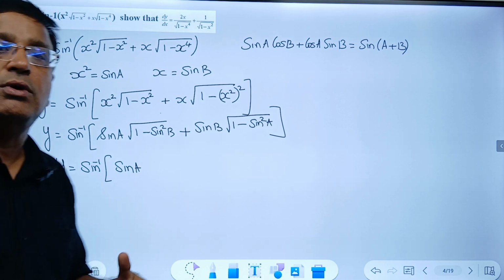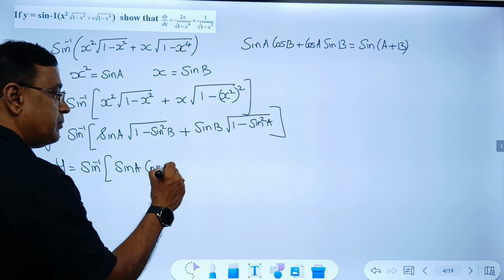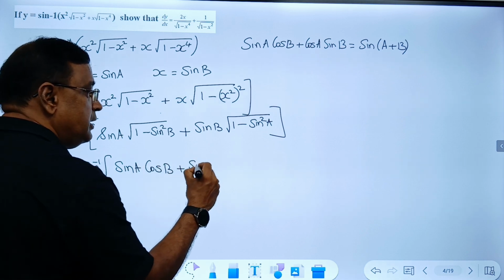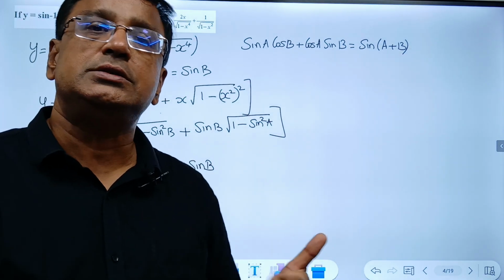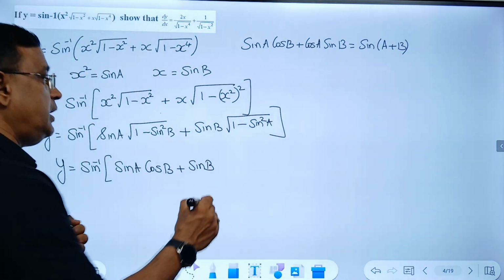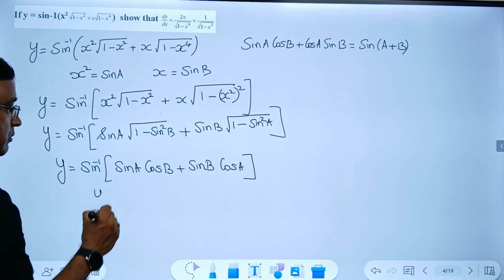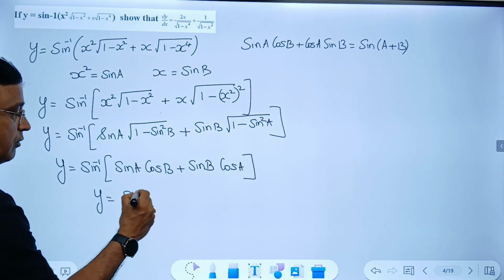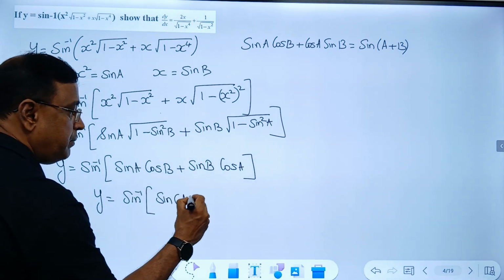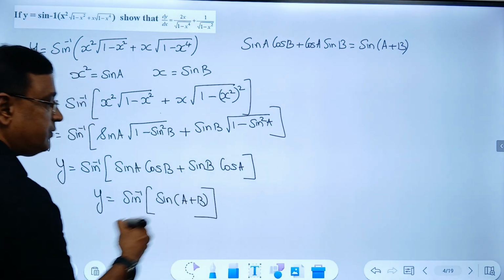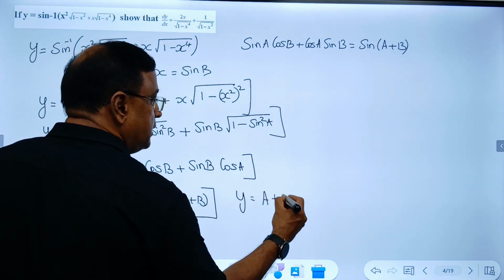Root of 1 minus sine square B is cos square B. So root of cos square B will be cos B, plus sine B into, what is 1 minus sine square A? 1 minus sine square A is cos square A. Root of cos square A is cos A. Simple, isn't it? So this is y equal to sine inverse of, now what is this actually? This is sine A plus B. So what is sine inverse of sine A plus B? It is A plus B.